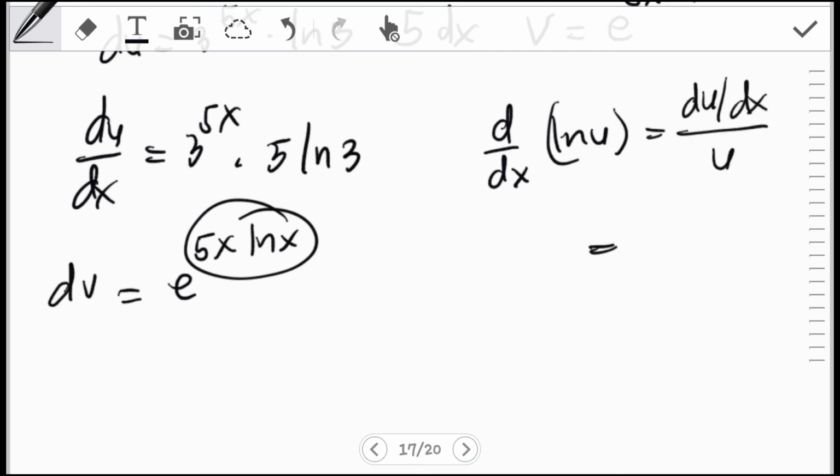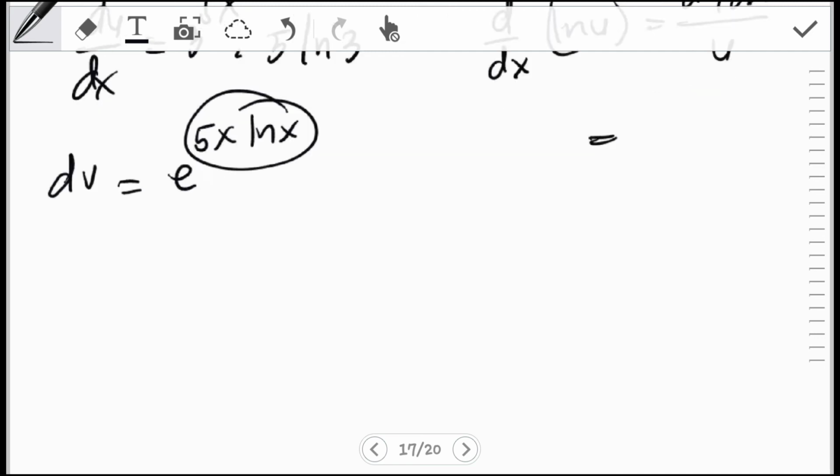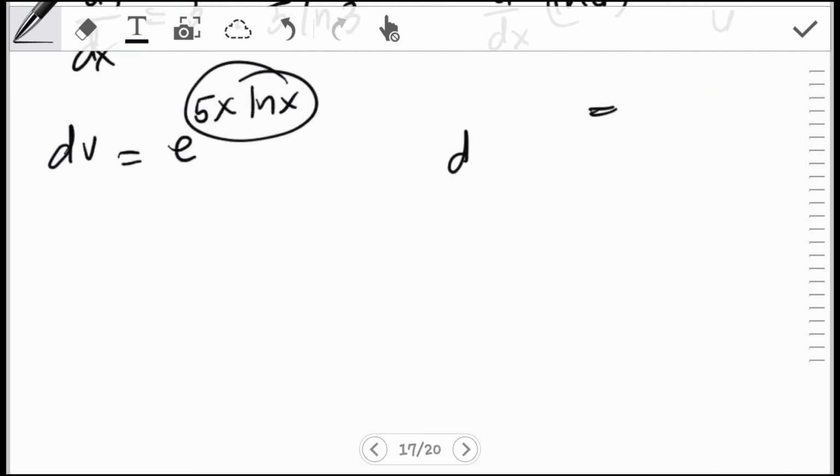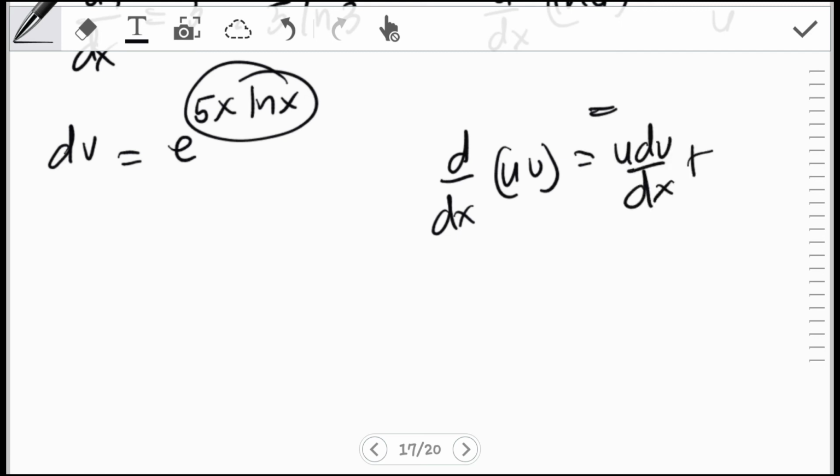Or we also use this formula again: d over dx of uv is equal to u dv over dx plus v du over dx.